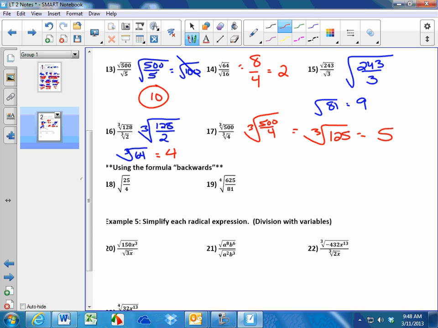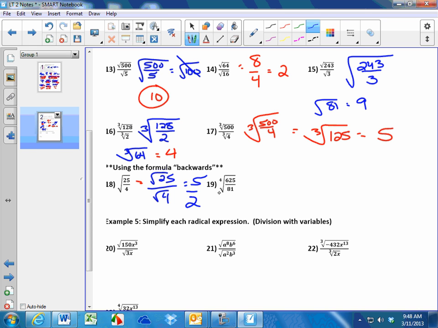But because both are perfect squares, you can rewrite this according to the property as the square root of 25 over the square root of 4. It's two different square roots, which do both reduce to 5 halves, 5 over 2, or 2.5, or leave it as a fraction.